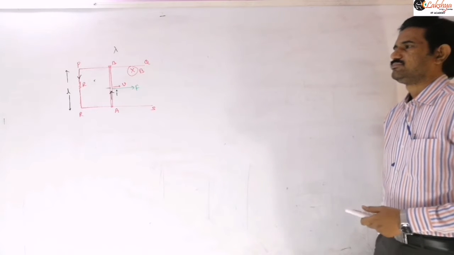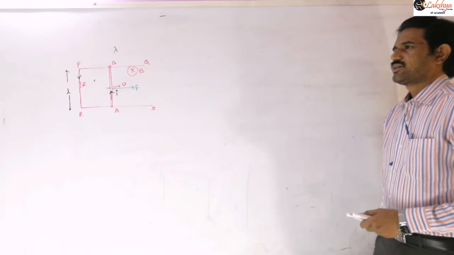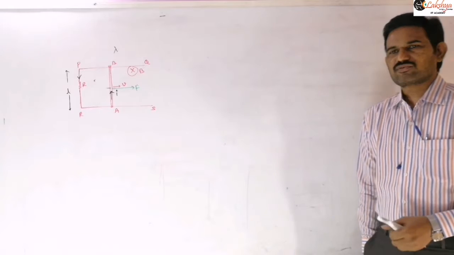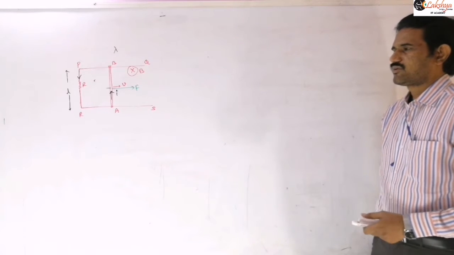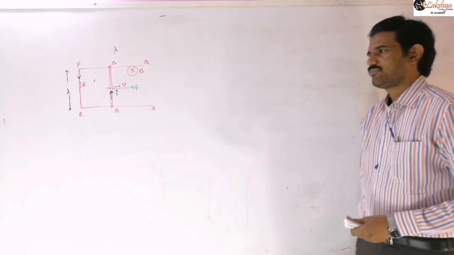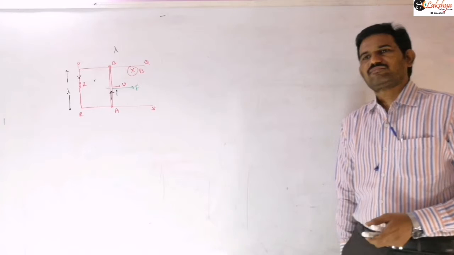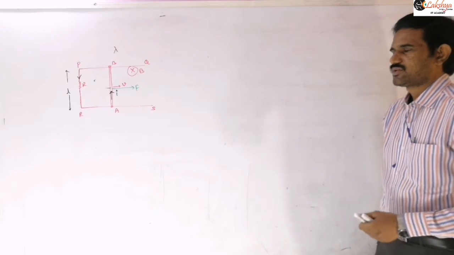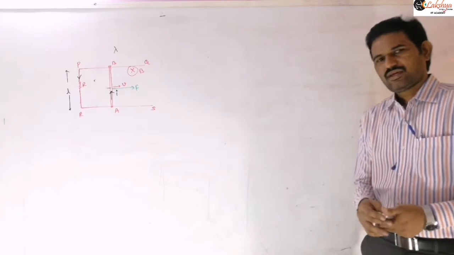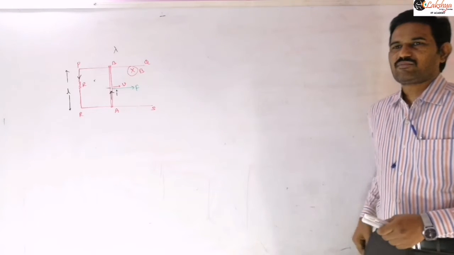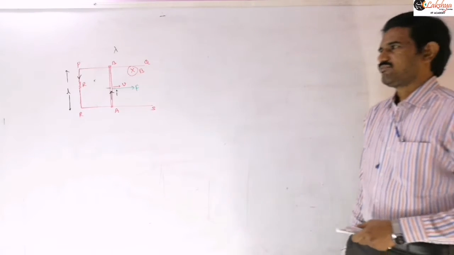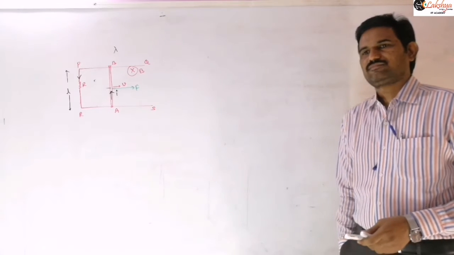Then find the expression for velocity and variable force as a function of distance travelled by the rod, X.